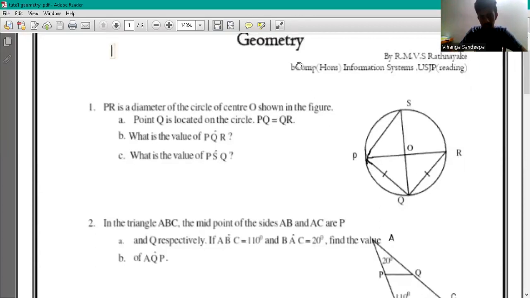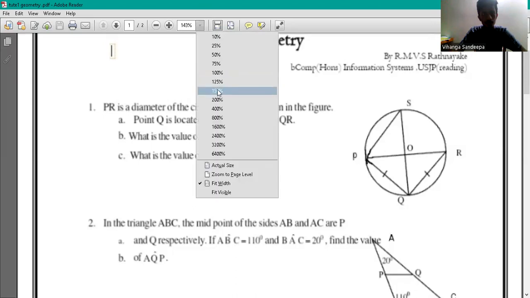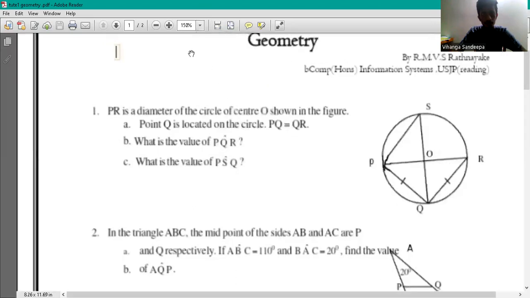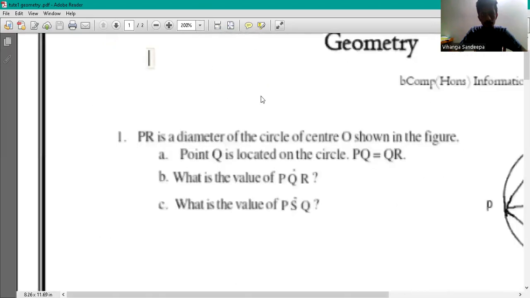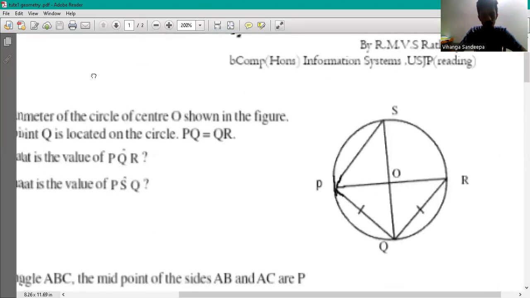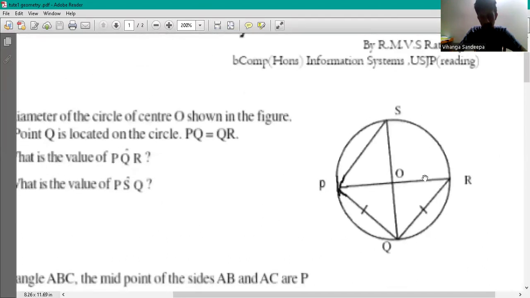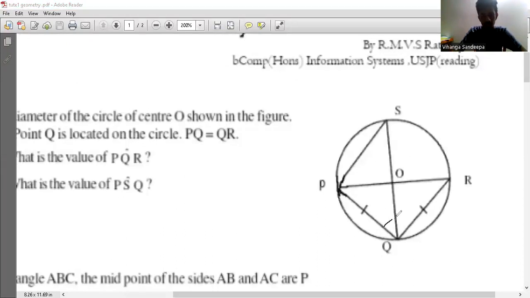So look at this one. In here, PR is the diameter. Then angle PQR equals 90. Can you remember that?